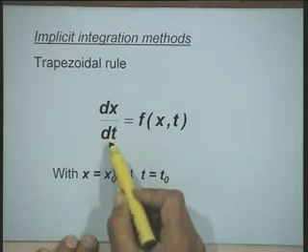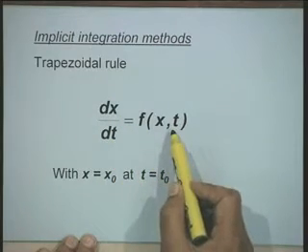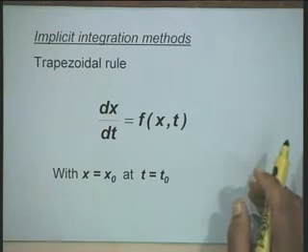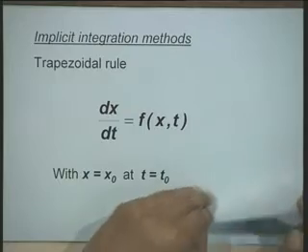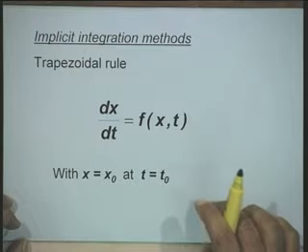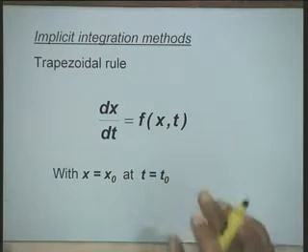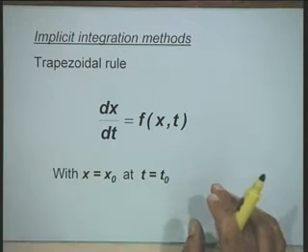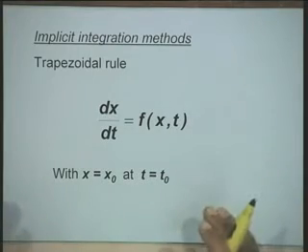Again, we start with the differential equation dx by dt equal to f of x, t, with x equal to x naught at t equal to t naught. Let us say that this is a scalar equation. To start with, let us consider a scalar equation. Now, I want to solve this equation. How do I solve it? The simplest approach would be to integrate both sides.